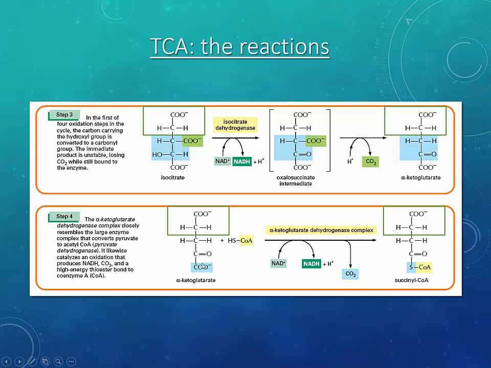So we lose another CO2, and we get our restoration of a thioester bond as we move this material onto CoA, giving us succinyl-CoA. So isocitrate dehydrogenase, which also decarboxylates, gives us alpha ketoglutarate. Alpha ketoglutarate goes through alpha ketoglutarate dehydrogenase complex, which gives us another oxidation and another decarboxylation to give us succinyl-CoA.